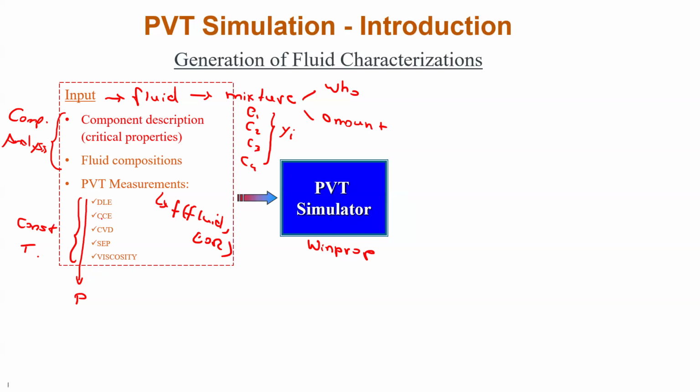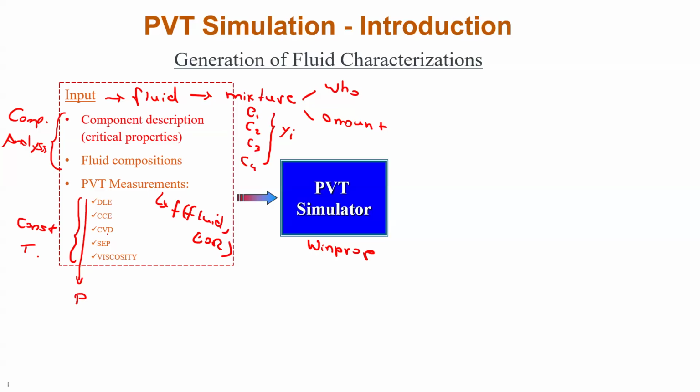In the constant composition expansion, there is no compositional change in the chamber because everything is done above the saturation pressure. Okay, the bubble point pressure for the oil mixture or the dew point pressure for gas mixture. So there is no variation in the composition because the range of pressure is between the initial pressure and the saturation pressure.